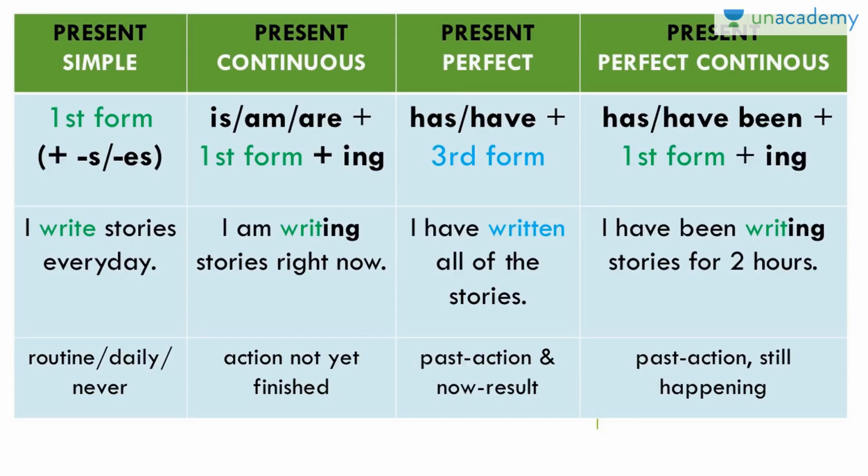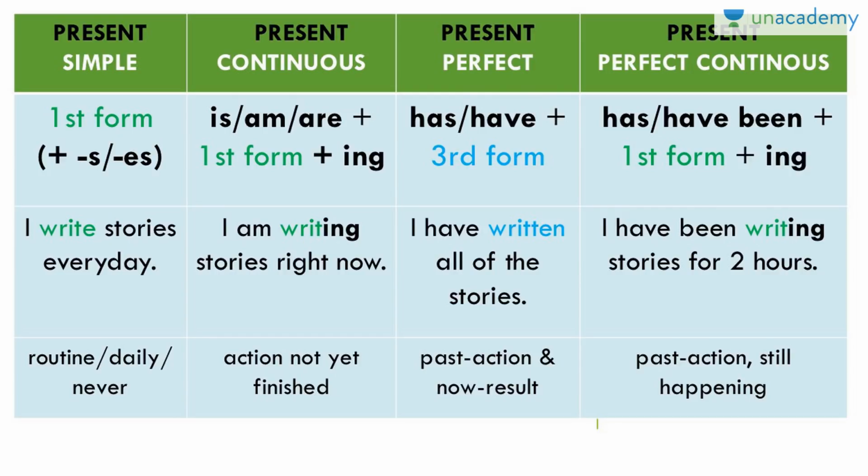Then you have the present perfect continuous tense. This tense is actually just a combination of these two. If you see the format and compare it with these two, you'll see that the first form of verb and the ing part comes from the present continuous tense. And you're borrowing the has or have format from the present perfect tense.